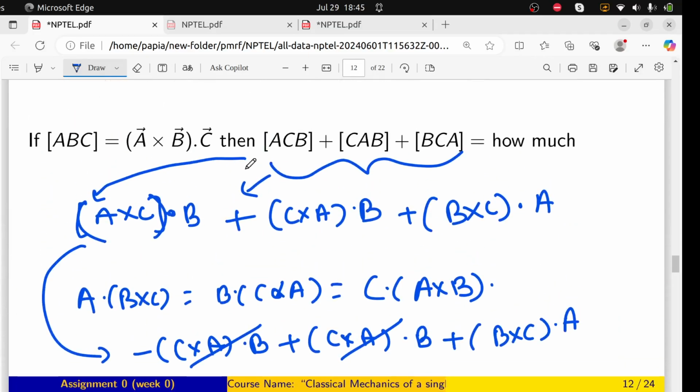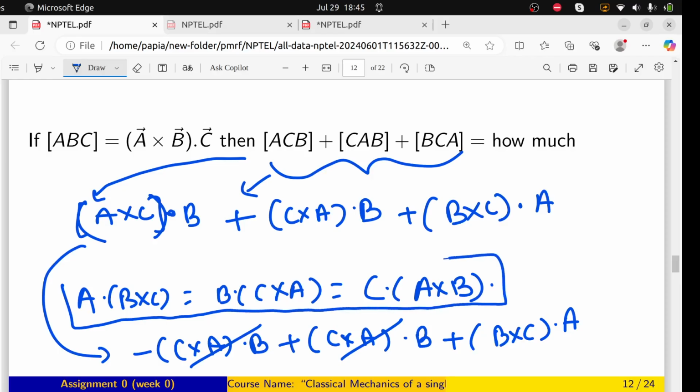So what I have done here, let me just erase these things a little bit. This will be cross. What I have done here is I just expanded this [A, B, C], [C, A, B] and [B, C, A] like A cross B dot C, C cross A dot B and B cross C dot A. Then I used this vector identity expression, this vector rule, and I calculated it by putting all the values.